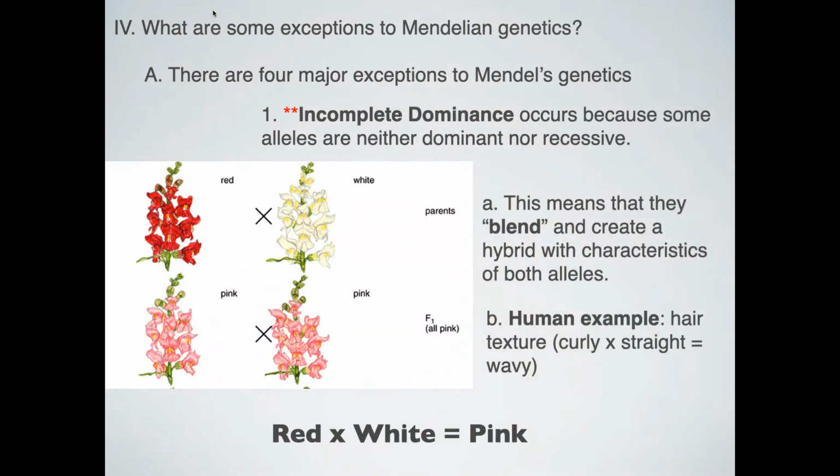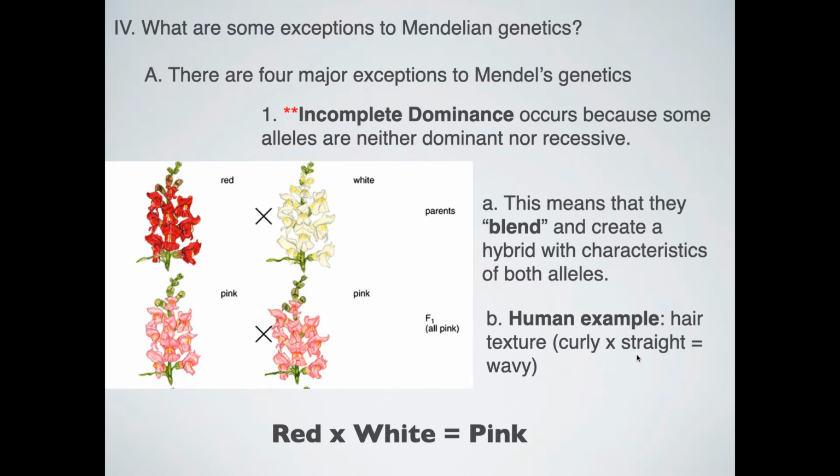A good human example of that would be hair texture. It's actually more of a spectrum. Even though when we're doing Punnett squares we like to say curly is dominant and straight is recessive, it's actually more incompletely dominant, which means you could end up having wavy hair as a result of crossing a curly haired parent with a straight haired parent.